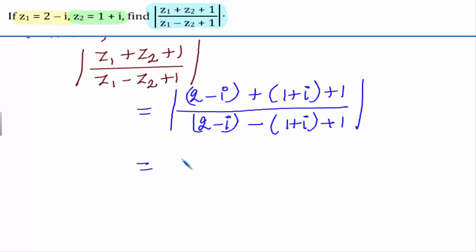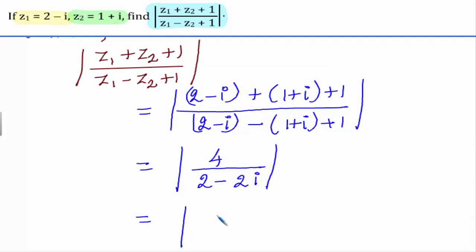So this will be equal to modulus of 4 upon 2 minus 2i. This will be equal to modulus of 4 upon 2 multiplied by 1 minus i.